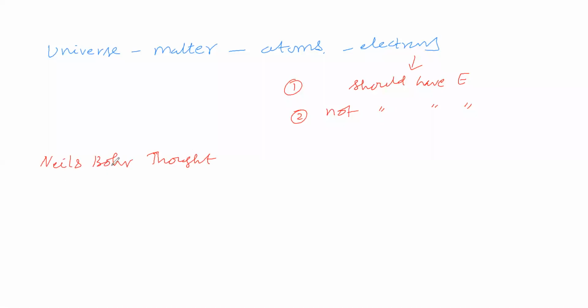You keep it away for now. Come to the general. In general, electrons should have energy or should not have energy. That alone you say. Afterwards, we will come to Niels Bohr's thought and correlate with it. First, you say whether it should have energy or should not.